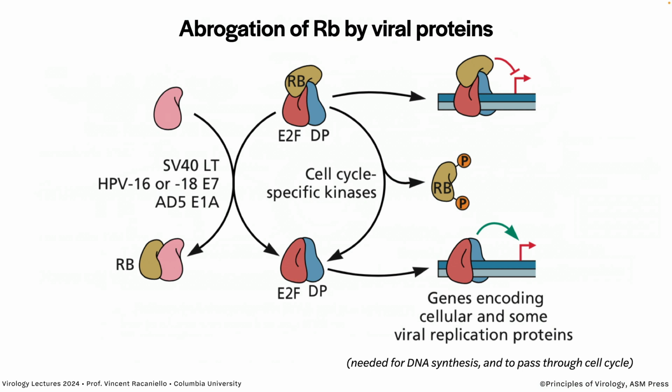And so now you have E2F binding these promoter regions, and they can be transcribed. They're no longer repressed by RB protein. So the cells divide, and they make DNA synthesis proteins which allow the viruses to replicate in them. And eventually these viruses kill the cell, so there's no issue there.